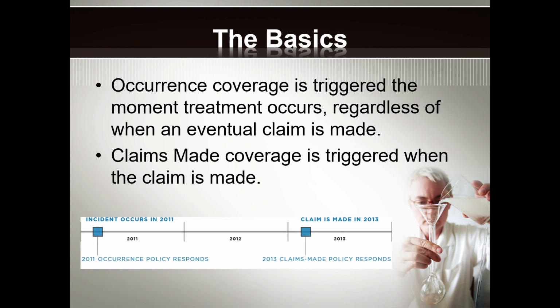It has another element called a tail and a retro date, and it basically covers anything that happens on or after the retro date, as long as the policy is in force.